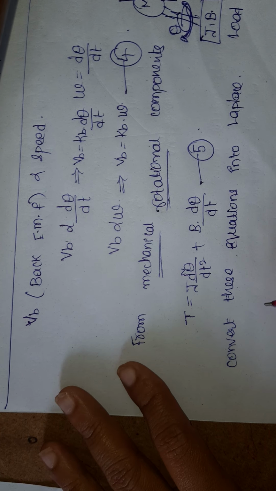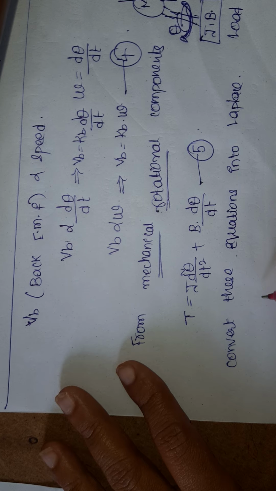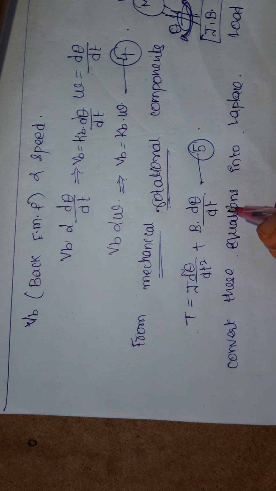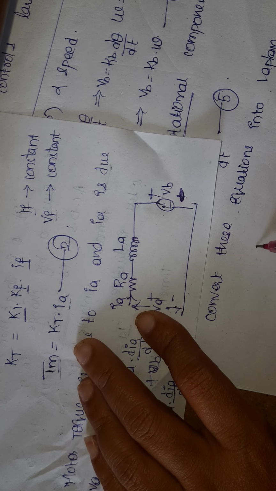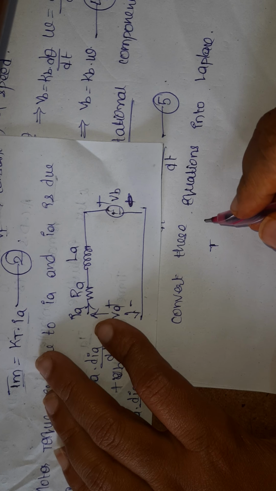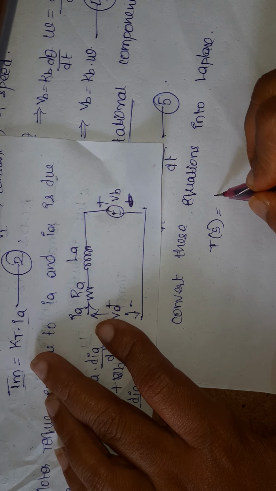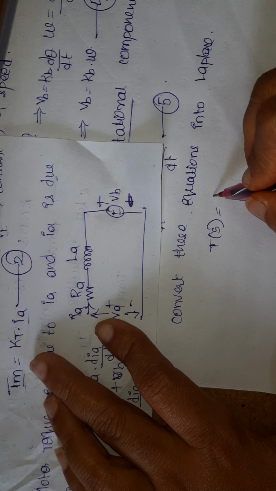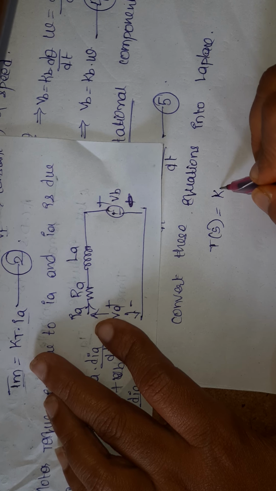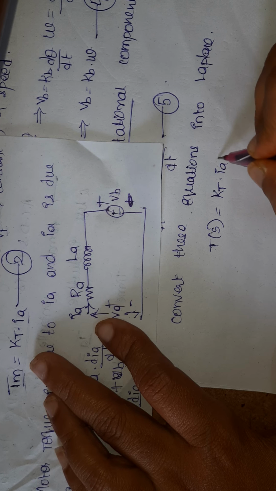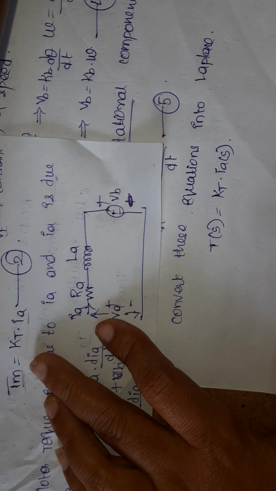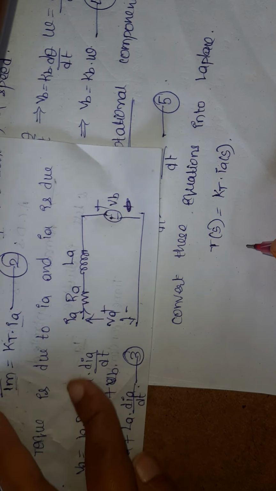So I will get the torque equation. This is the torque equation, equation 2: T of S is equal to Kt into Ia of S.